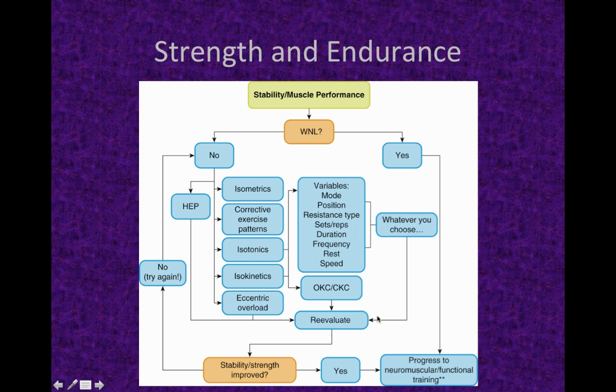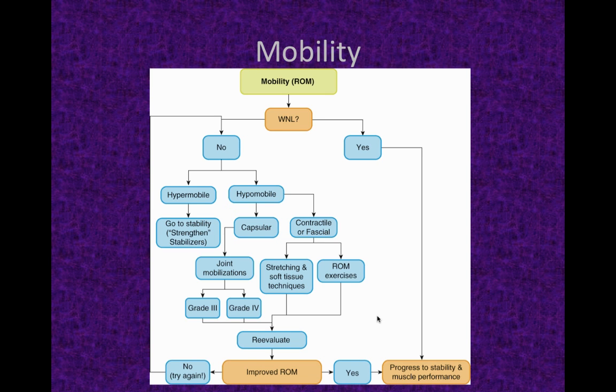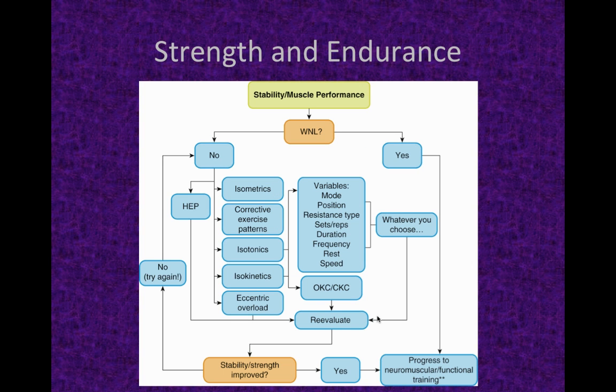All right. Strength and endurance. What your book calls this is stability and muscle performance. We're talking about strength and endurance. The stability component adds in a little bit more of the function if you're using the pyramid. The stability, muscle performance, and the next one, neuromuscular and function flowchart, are going to overlap for strength and endurance.